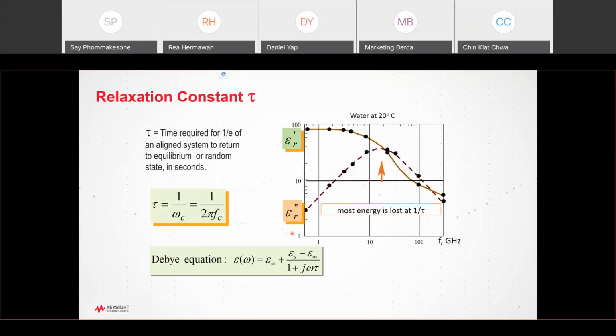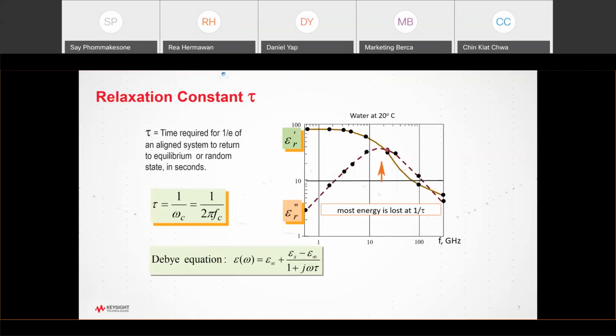So in this case here, the imaginary part is low and the real part is high at the start. As the frequency increases, the imaginary part increases and the real part decreases, where the maximum loss or maximum heat dissipation occurs at the relaxation time.